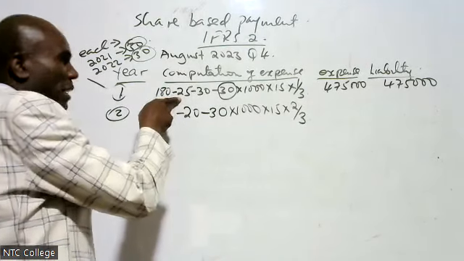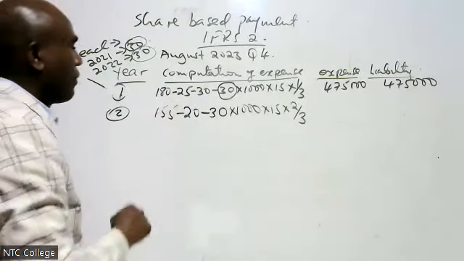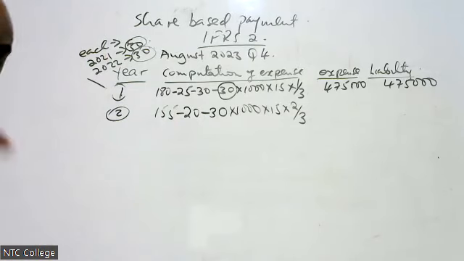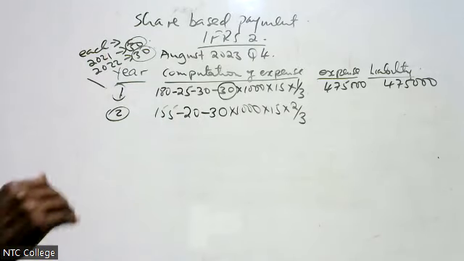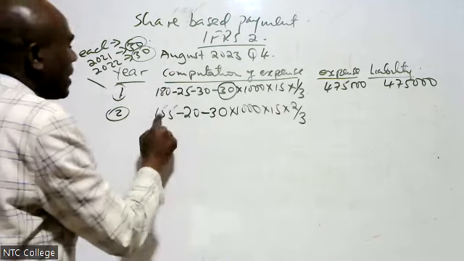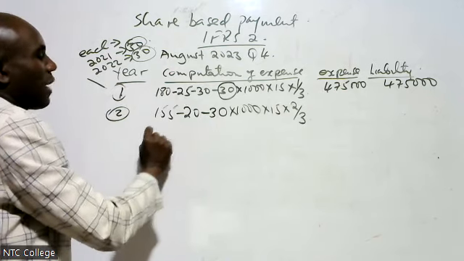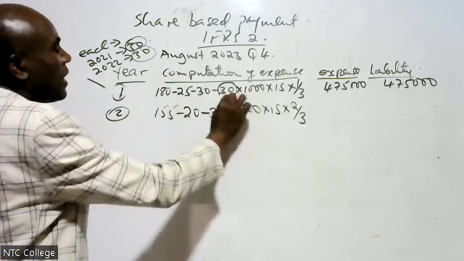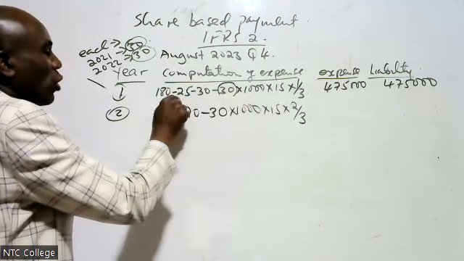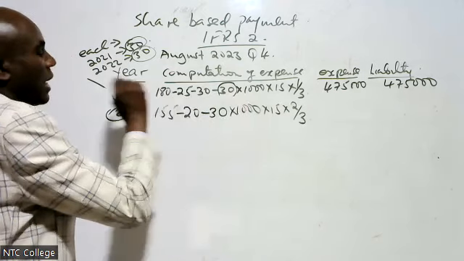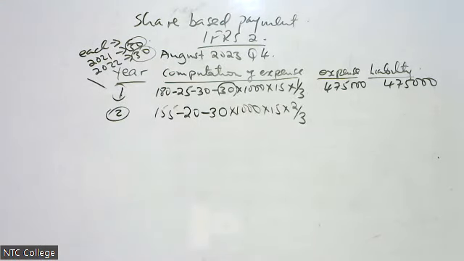In year 1, 25 employees left. Therefore, if 25 employees left, it means I'm remaining with 155. Remember, these are the estimates. But those exactly who left are 25. Therefore, it's 180 minus 25 who left. That's where I got 155.